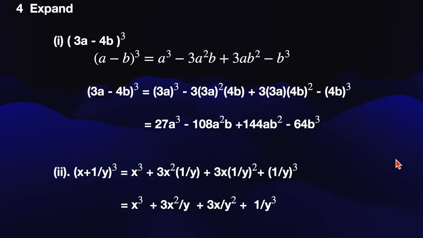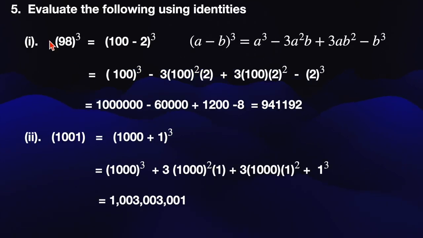Open the brackets, you will get the answer. These are all general formulas. Here we will substitute 98 as 100 minus 2 and apply this formula. Wherever A is there, write down 100. Wherever B is there, write down 2 and then solve it, you will get the answer. This we will write as 1000 plus 1 and expand this with the help of the general formula, you will get this answer.